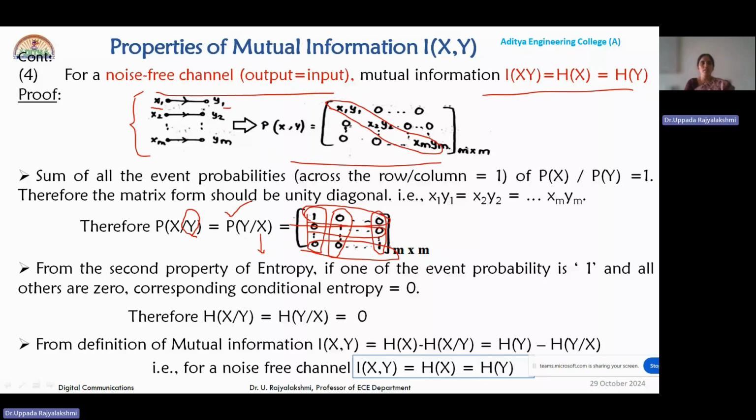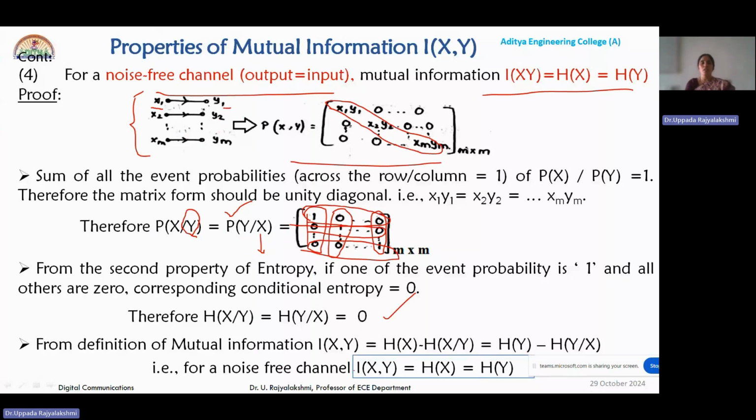Once P of x by y and P of y by x are unity diagonal matrices, our respective entropies become 0 because log 1 is 0 and log 0 is also 0. But from the definition of mutual information, I of xy is either H of x minus H of x by y, or H of y minus H of y by x.